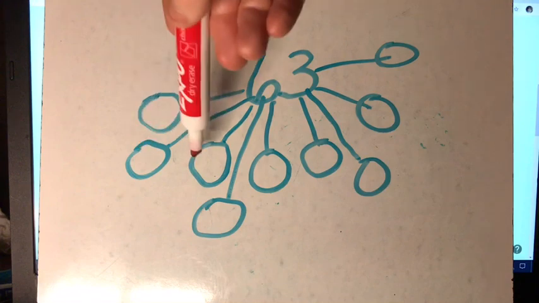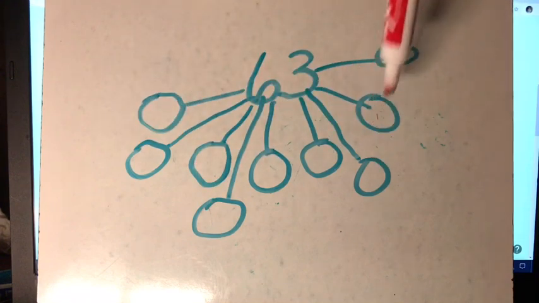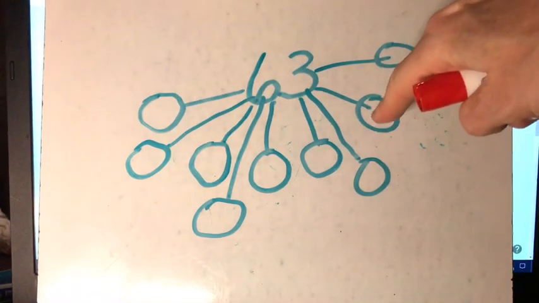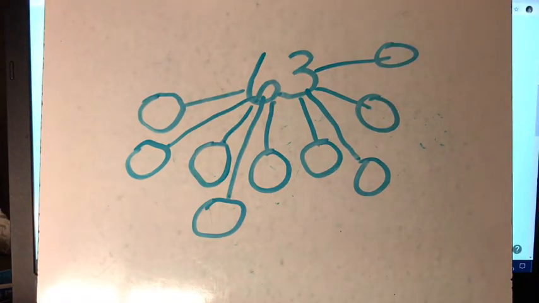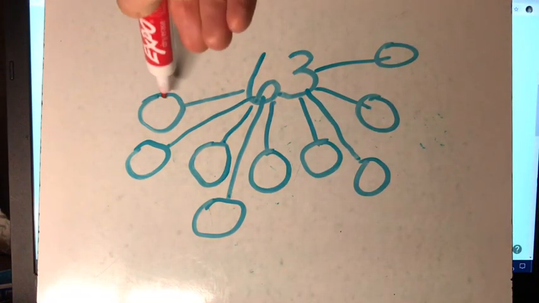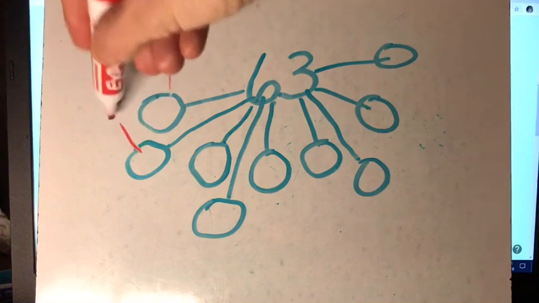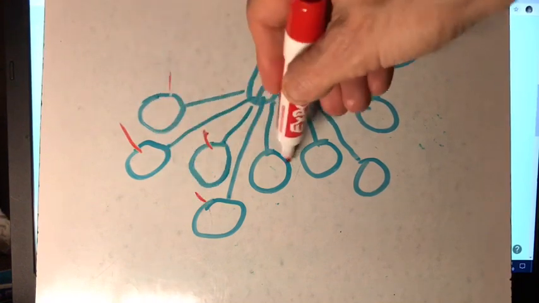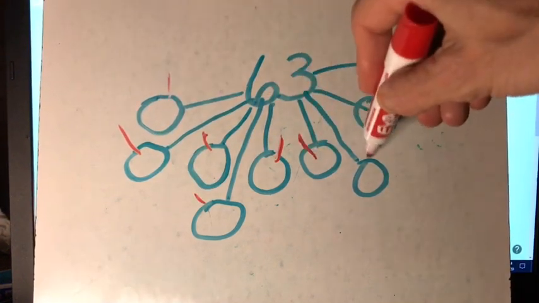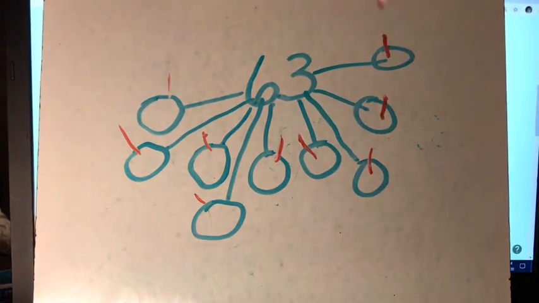So 1, 2, 3, 4, 5, 6, 7, 8, 9. And they're going to get the same amount. So I start with 63 and they each get 1, 2, 3, 4, 5, 6, 7, 8, 9.